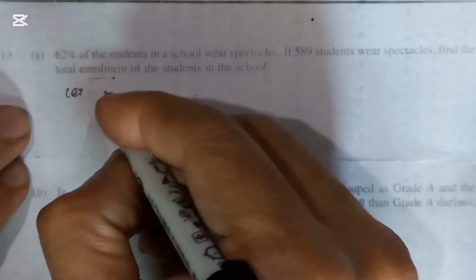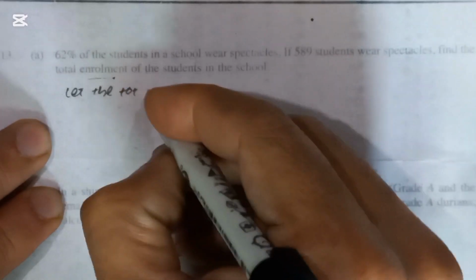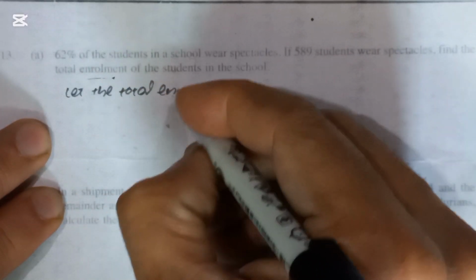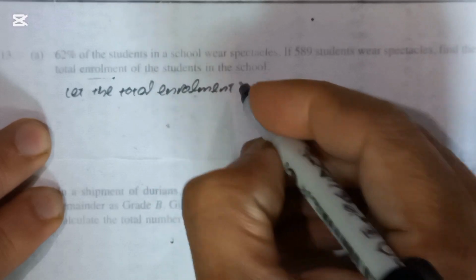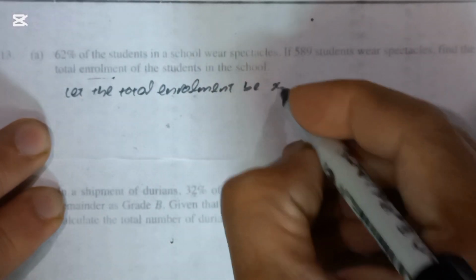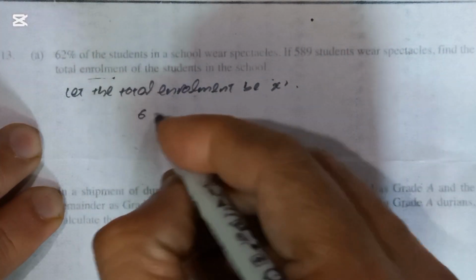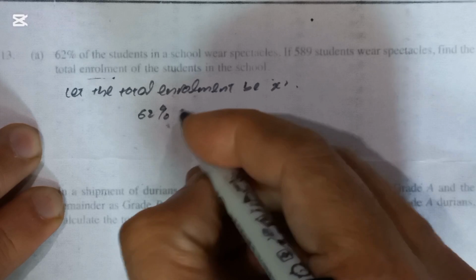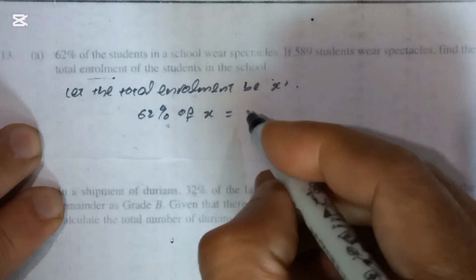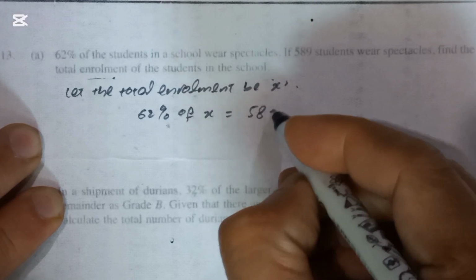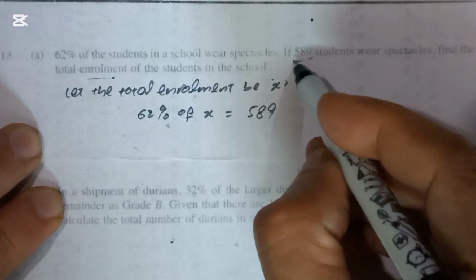So we will let the total enrollment be X. So according to the statement, 62% of X should be equal to 589, because 62% of the students in the school wear spectacles and spectacled students are 589.